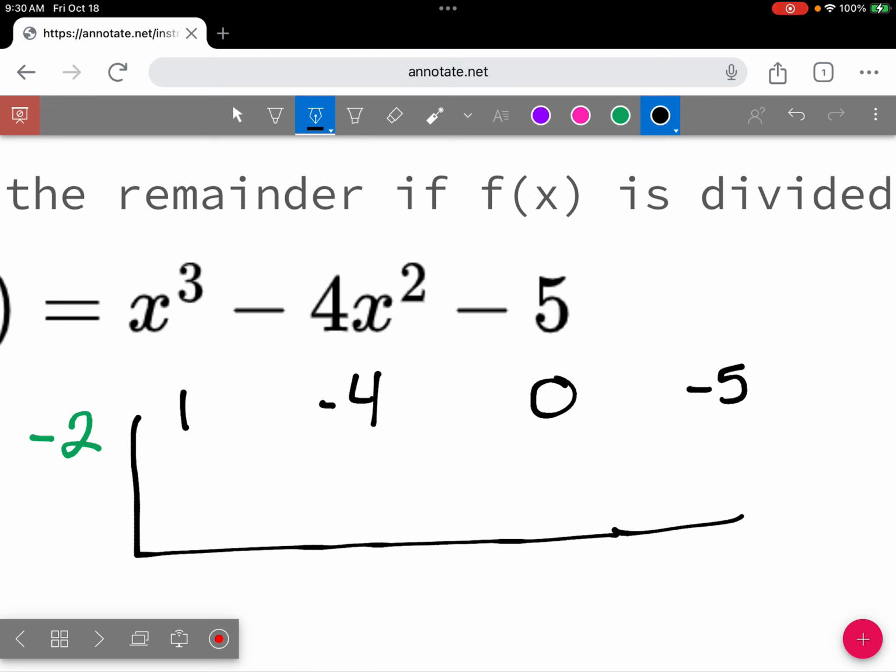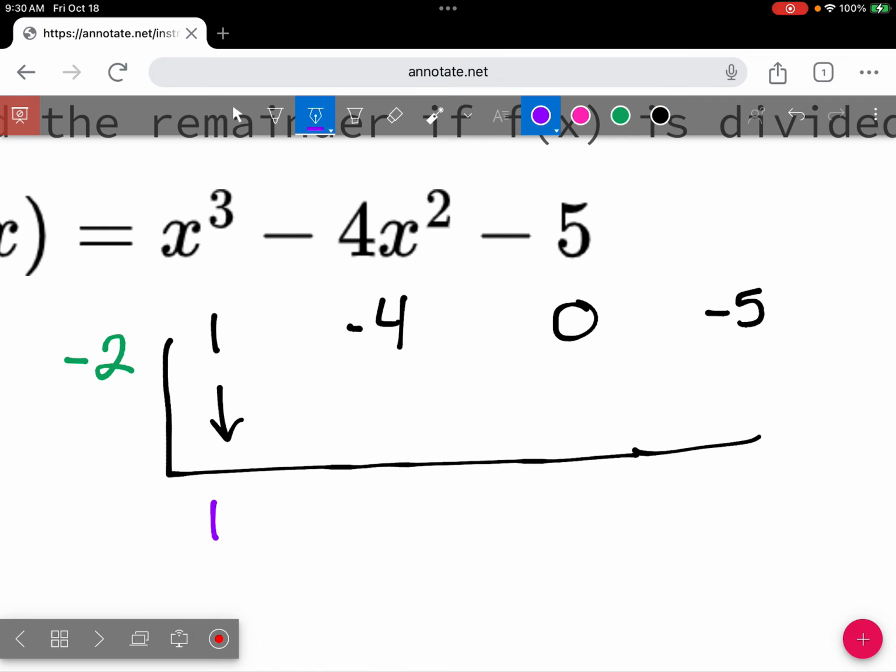So drop, multiply, and put it under. The first term drops, 1. 1 times negative 2 goes under here. We got negative 2. And then we add negative 4 plus negative 2. We get negative 6.